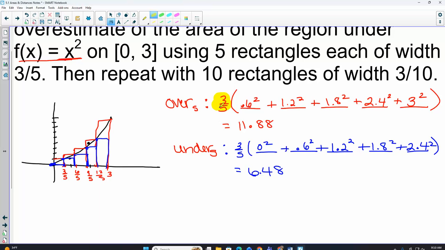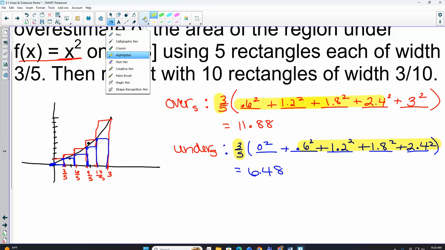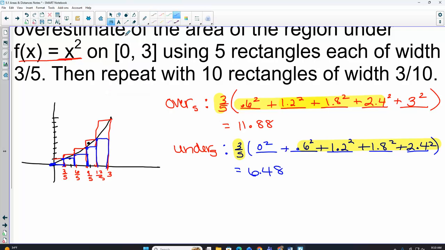They both had 3/5 in front. They both had these, the 0.6, 1.2, 1.8, 2.4. The only difference was the first and the last point. The underestimate started at 0, the overestimate started at 3/5 and ended at 3.